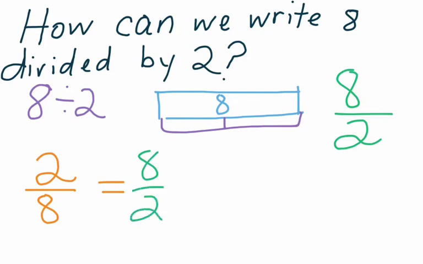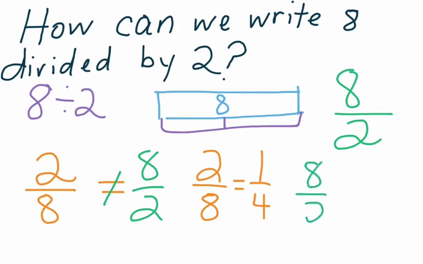Are they the same? No, they're not equal. 2 over 8 equals 1/4 when you simplify it, and 8 over 2 equals 4, as does this model. We have 2 sections of 4, and this also equals 4.